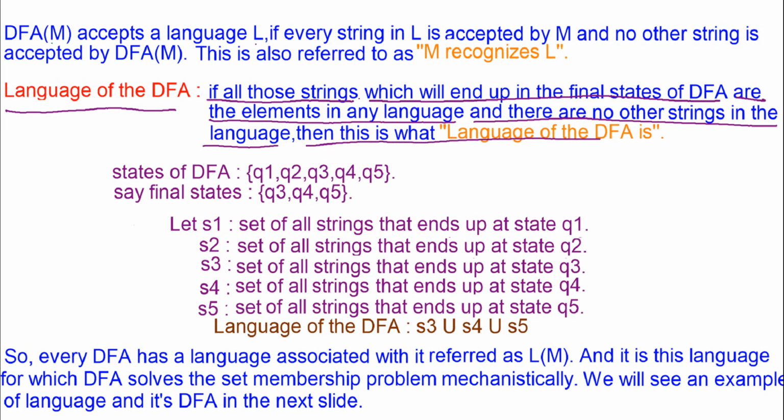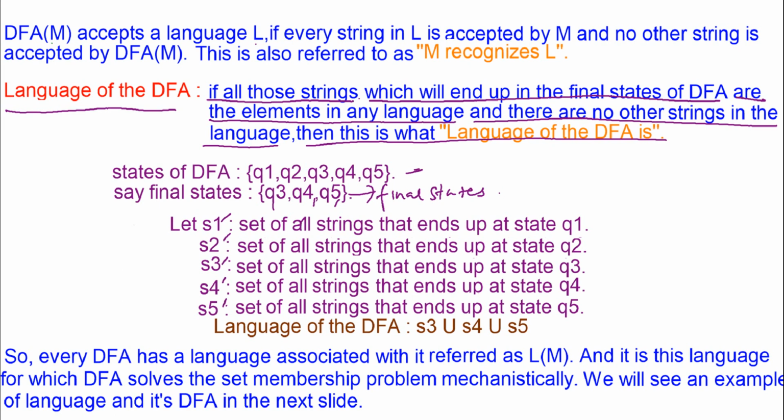So if your DFA has 5 states and Q3, Q4, Q5 are the final states, then the set of all strings will be partitioned into S1, S2, S3, S4, S5.